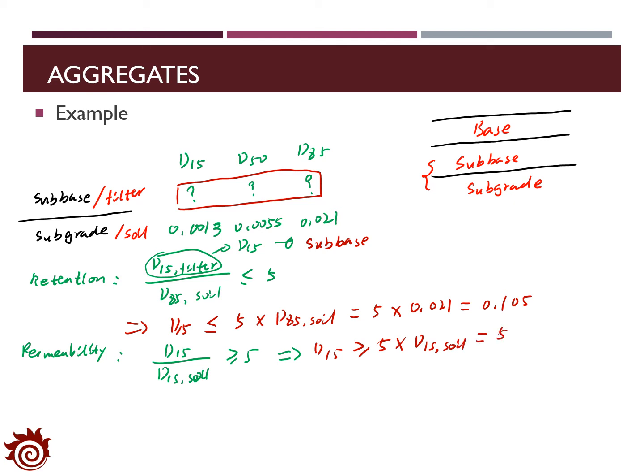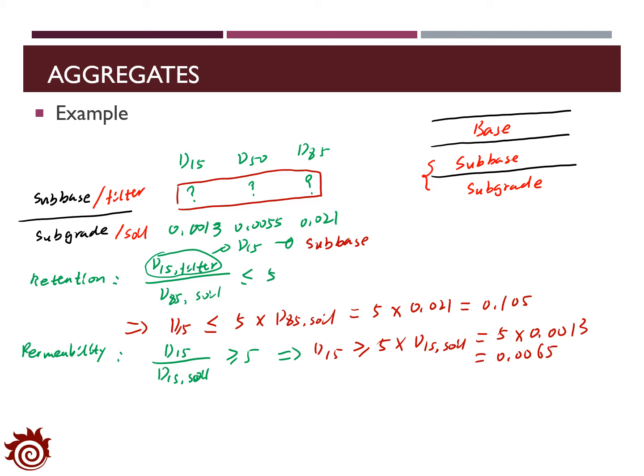We get 5 times 0.0013. So that is 0.0065.